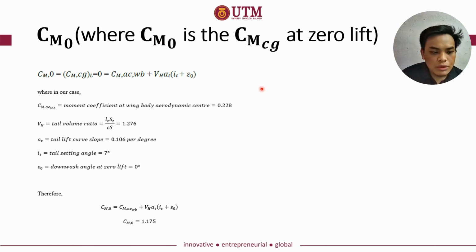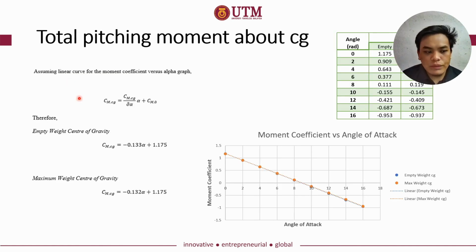This is the general formula for it, and in our case CmAC wing body is equal to 0.228, VH is the tail volume ratio, which is 1.276, AT is the tail lift curve slope, 0.106 per degree, and IT is the tail setting angle, which is 7 degrees, and the downwash angle at 0 lift is equal to 0 degrees. We plug these values into this equation, and we get the Cm naught value of 1.175.